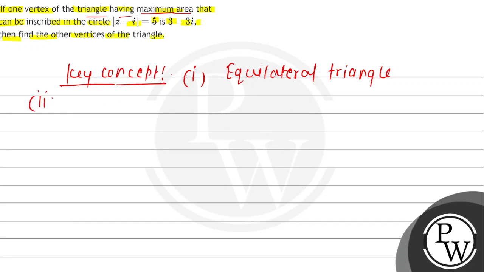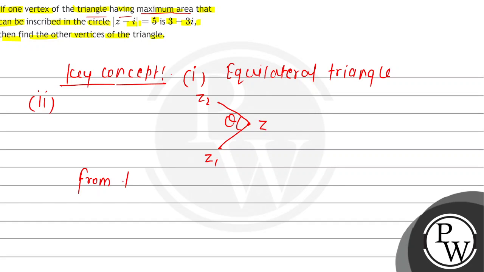concept is that suppose we have something like this: this is point z and this is point z1 and z2, and the angle is theta.